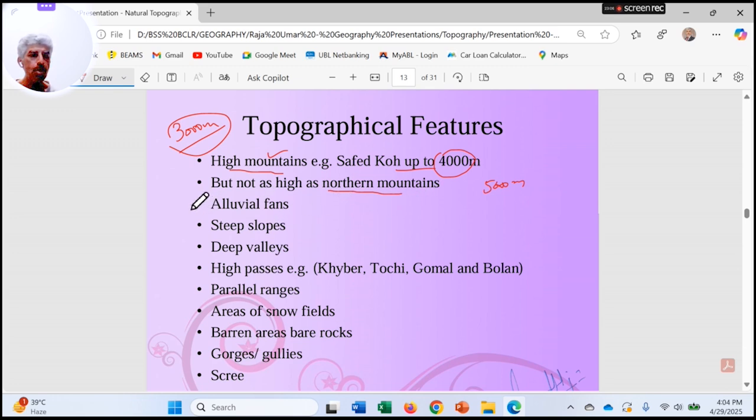So this area also has alluvial fans. Alluvial fans is the term used when water channels come down from the hilly area to the plains and divide into branches, making a shape just like a Chinese hand fan.